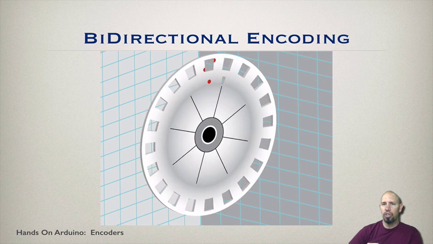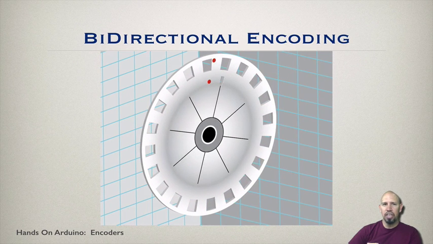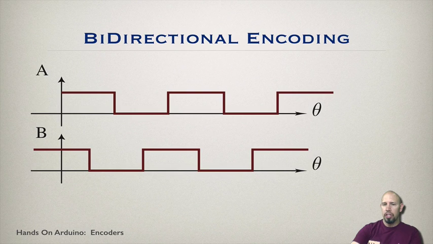Okay, so when we look closer now at these bidirectional signals, as I mentioned, we have these two channels, and these two signals are out of phase with one another.